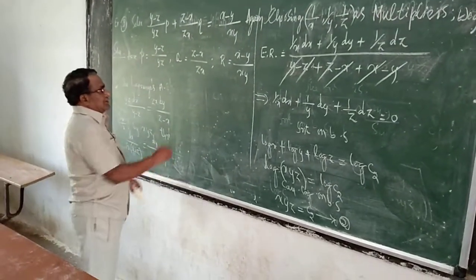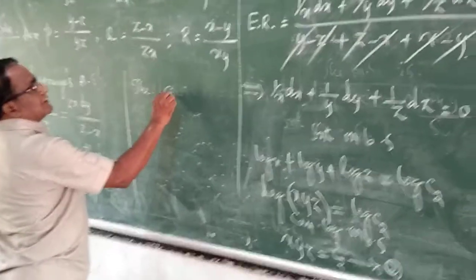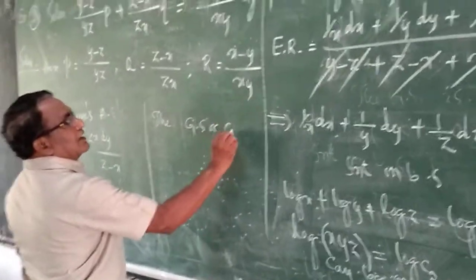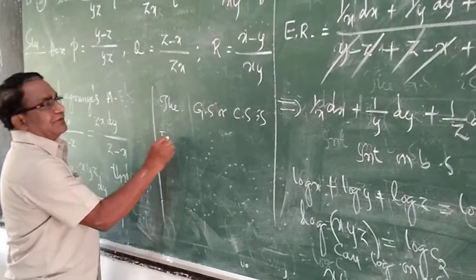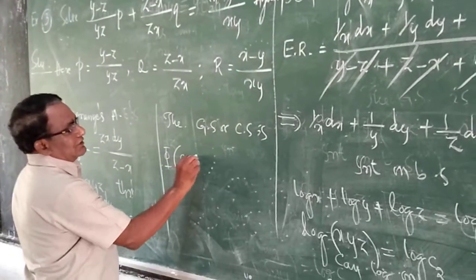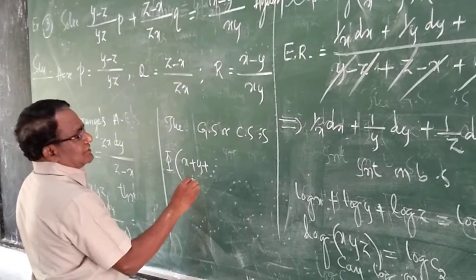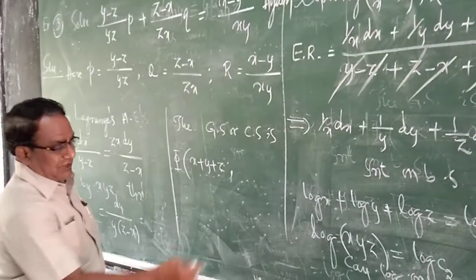Finally, the general solution or complete solution is phi of u comma v. What is your u? First equation left hand side, x plus y plus z. And what is your v?